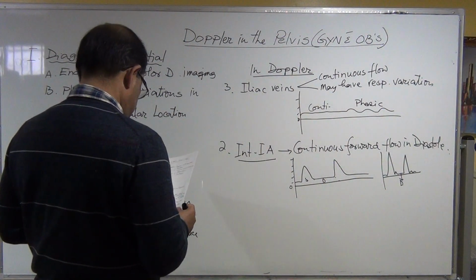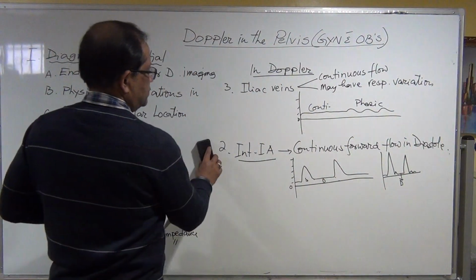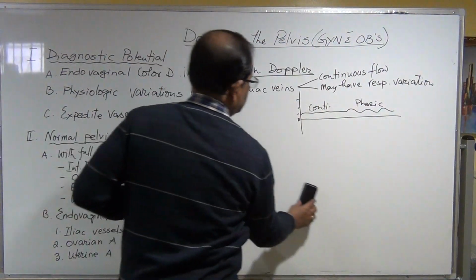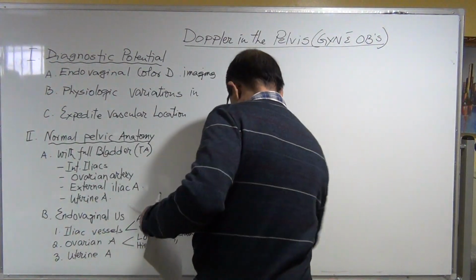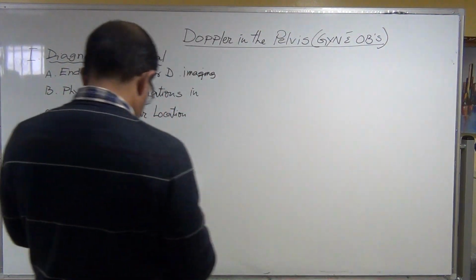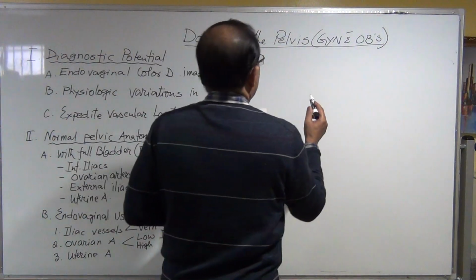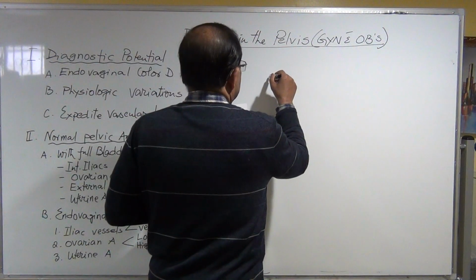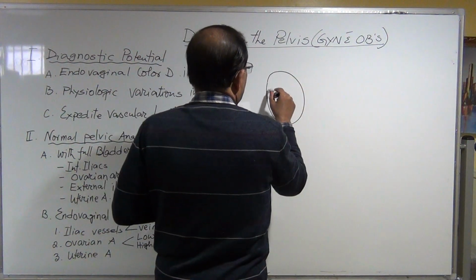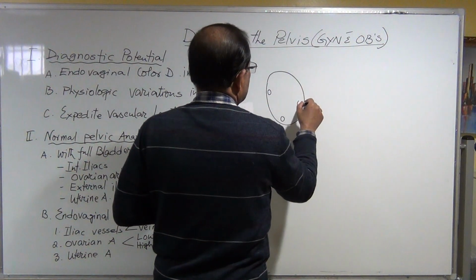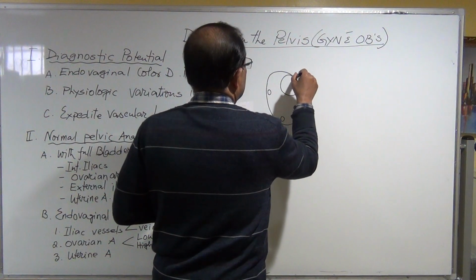You may have this. Okay, now the ovarian artery. Consider the physiologic changes of the ovary. The ovary has follicles, and the ovary has a big follicle.